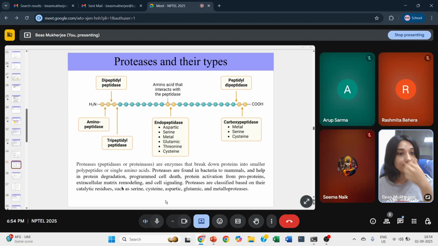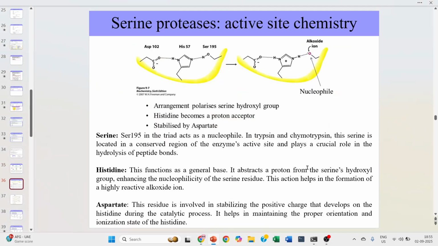Okay, so these are different kinds of proteins that require cleavage for either cell signaling or other different purposes. The proteases are classified based on their catalytic residues such as serine, cysteine, aspartic acid, glutamic acid, and metalloproteases. So these are the different important residues in proteases that are necessary for their function.